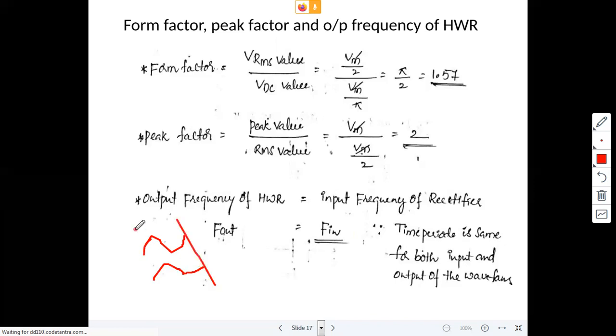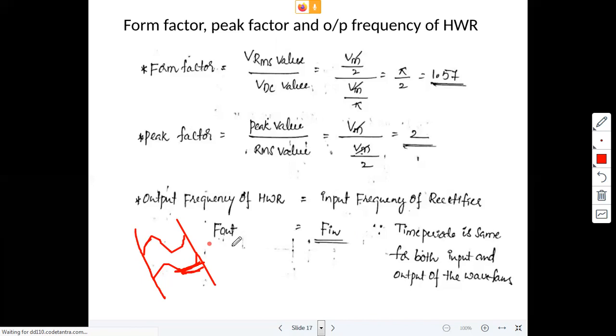The time period is still the same. Observe the input and output waveforms. The input signal consists of the positive cycle as well as the negative cycle, whereas the half wave rectifier output consists of either the positive cycle or the negative cycle, but the time period is still the same. The time period is the same, so the frequency is also the same.